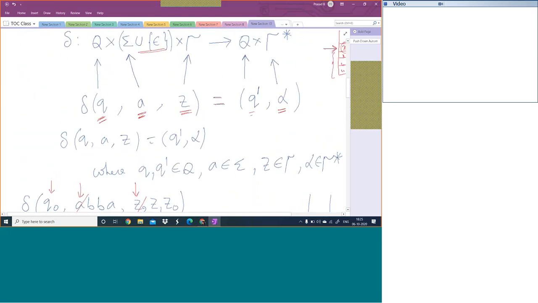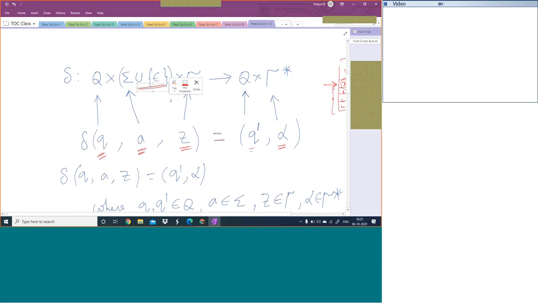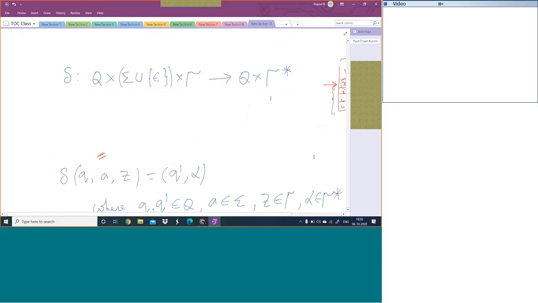Here, actually delta is mapped from Q cross sigma union epsilon. What is this sigma union epsilon? Suppose sigma is A comma B, then what will be sigma union epsilon?